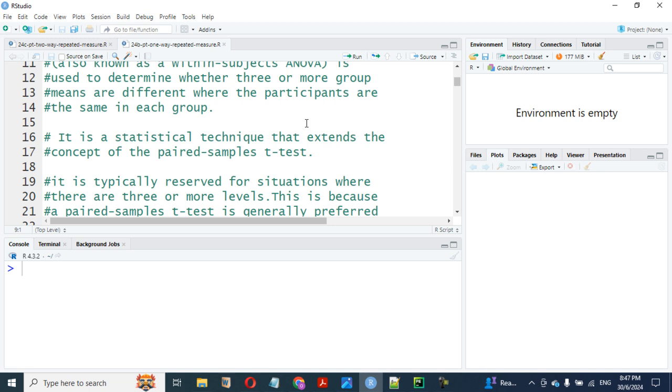I also gave an example of subjects like animals, which can be inoculated or injected with some kind of disease or cancer. Then a treatment is administered to them.